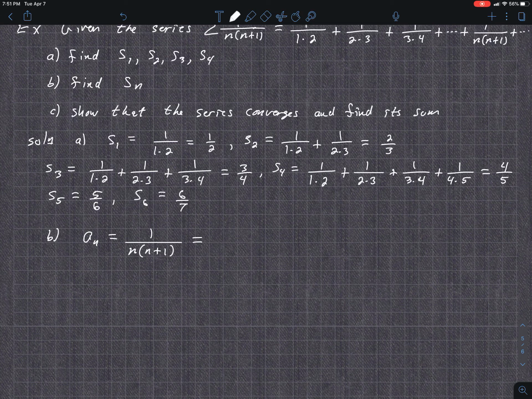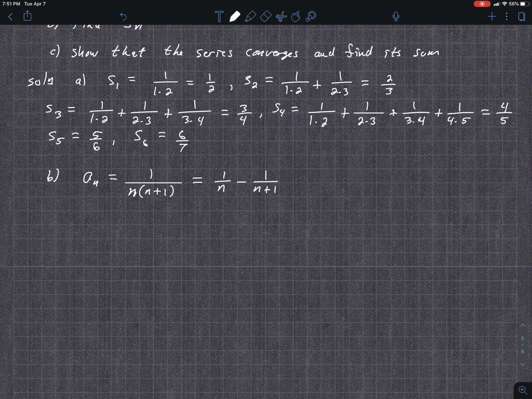And if you break that down, what does that look like? We just did that in one of our integral examples. Many of you are thinking, yes, you can break it down using partial fraction decomposition. You end up getting 1 over n minus 1 over n plus 1.